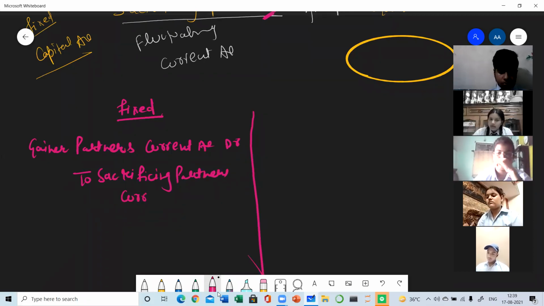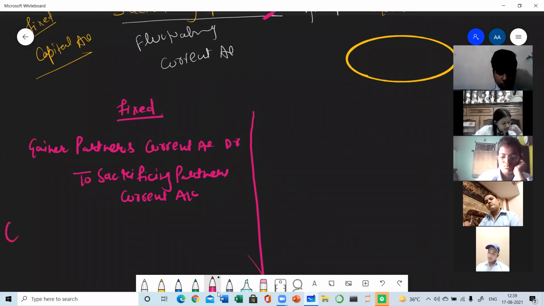The amount is the gaining share or sacrificing share multiplied by the amount of goodwill given in the question. When we do the numerical, I will explain.